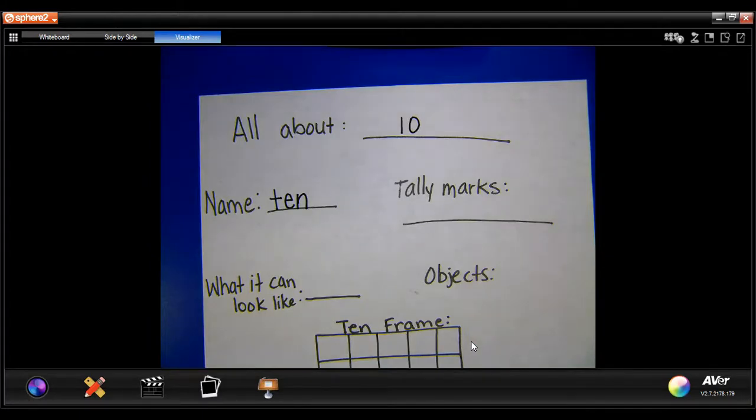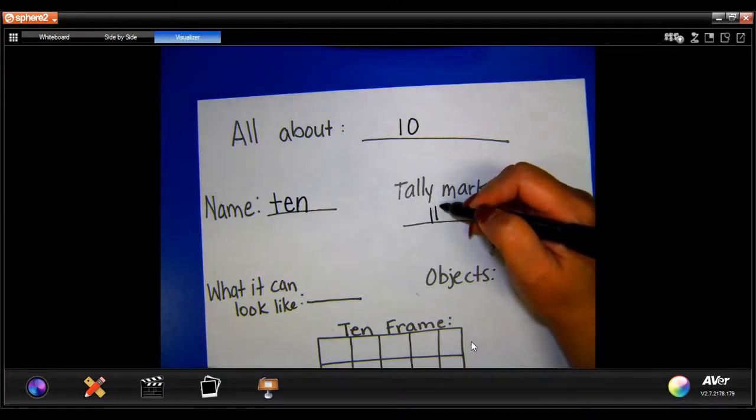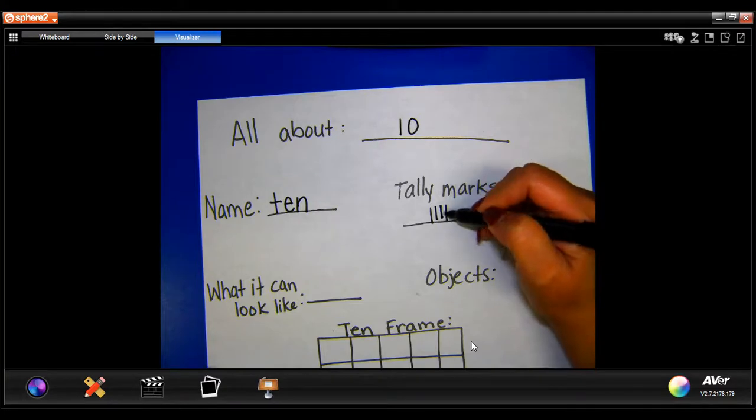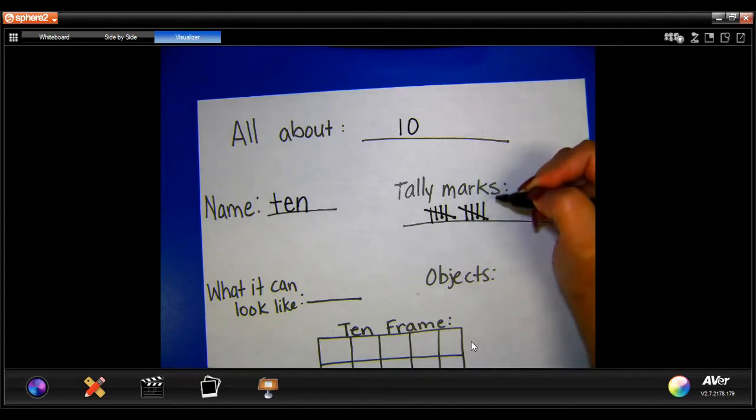So pay attention how we're going to do it because there's something you have to do when you get to that 5 mark and that 10 mark. So here we go. 1, 2, 3, 4, 5. See that? 5, 6, 7, 8, 9, 10. Okay.